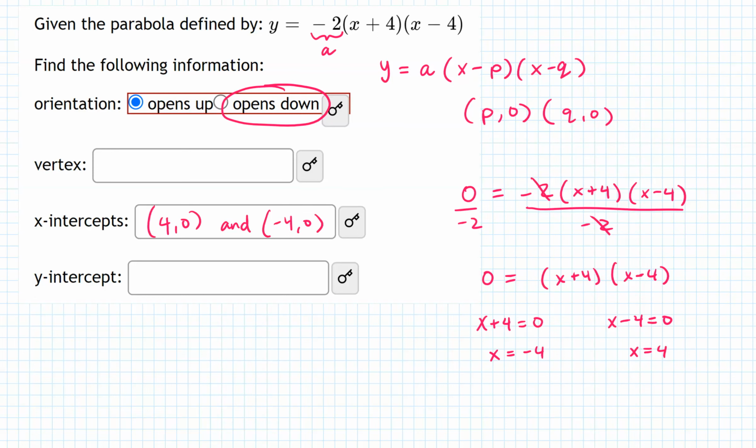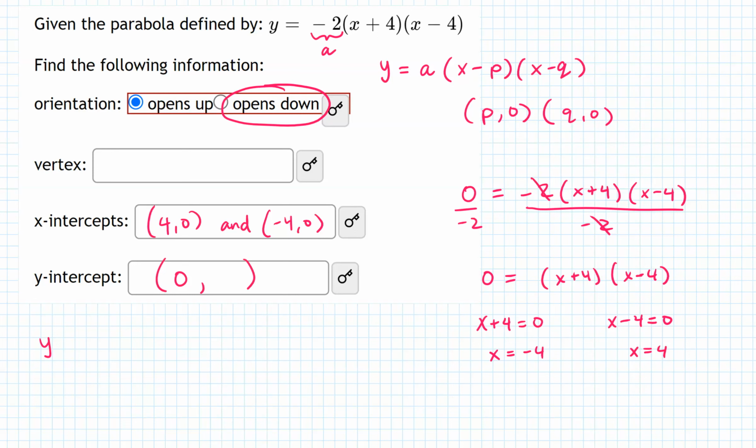Now, let's do the y-intercept. We know the y-intercept is going to be (0, something), and there can only be one y-intercept because this is a function. If there were two y-intercepts, then it would not pass the vertical line test.